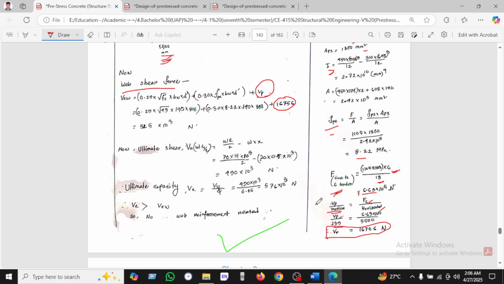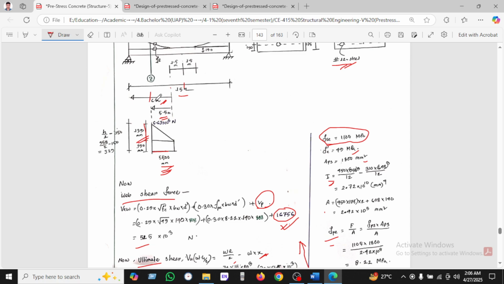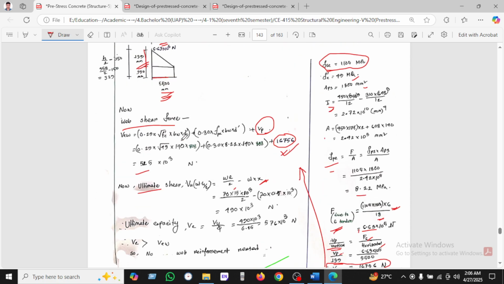This is the shear of P, and finding this value, we just put in all the dimensions. After putting in all the dimensions, we find the web shear force, and then we can use the ultimate shear force at H divided by 2, which is WL divided by 2 minus W into X. What is X? X is nothing but this value of 0.5.